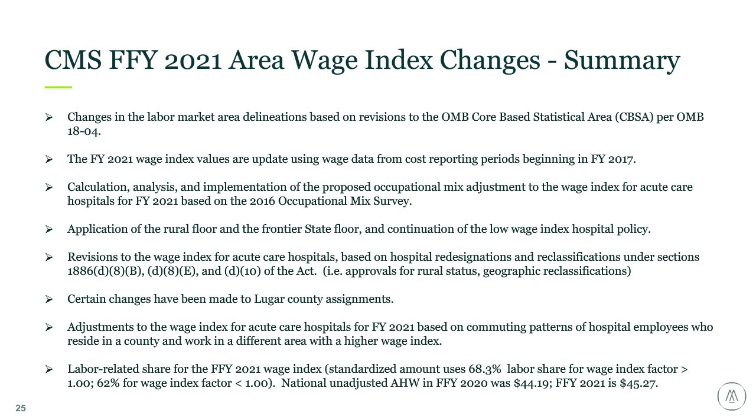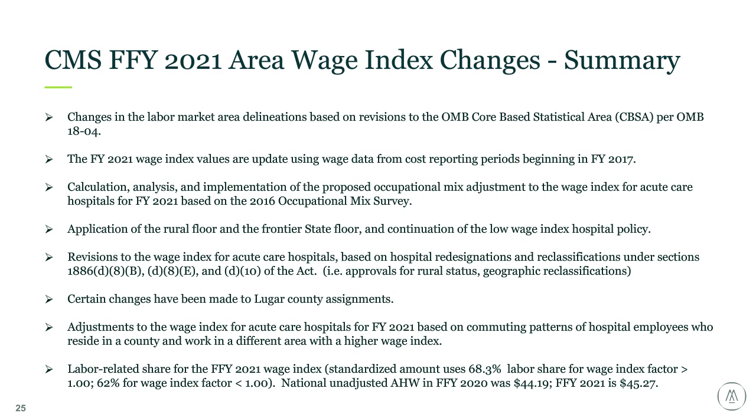Also of note is the national unadjusted average hourly wage in fiscal year 2021 is $45.27 as compared to last year's unadjusted average hourly wage of $44.19. So there was a gain nationally of $1.08.